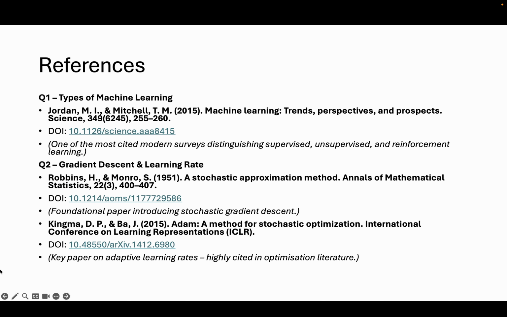Here we have a list of references of the most famous articles in this sphere. In terms of the types of machine learning, you have a reference here which is a link, but also if you type that in Google, it will show up because that's a unique reference. For gradient descent and learning rate, here we have one of the leading papers.